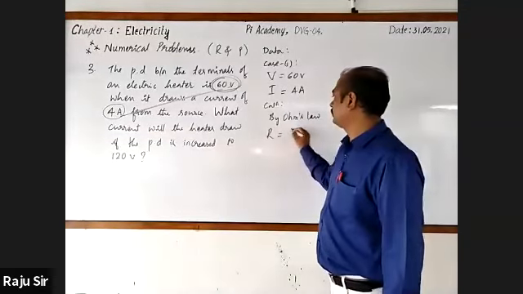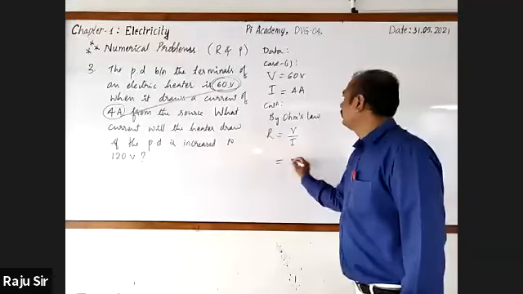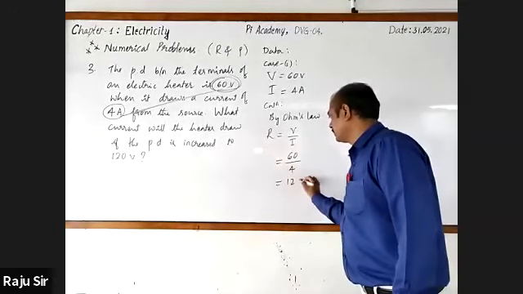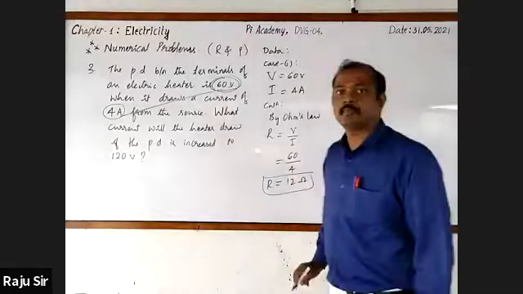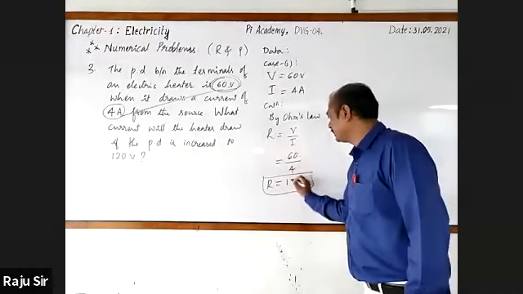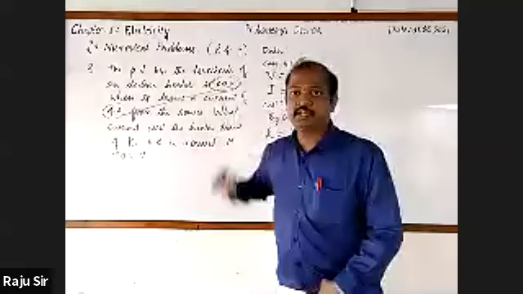R is equal to V by I. Then voltage is 60, current is 4 amps. Have you got the same? R is equal to 15 ohm. 4 ones are 4, 2 will remain, and 5. R is equal to 15 ohm. Next, we got the resistance of the electric heater.